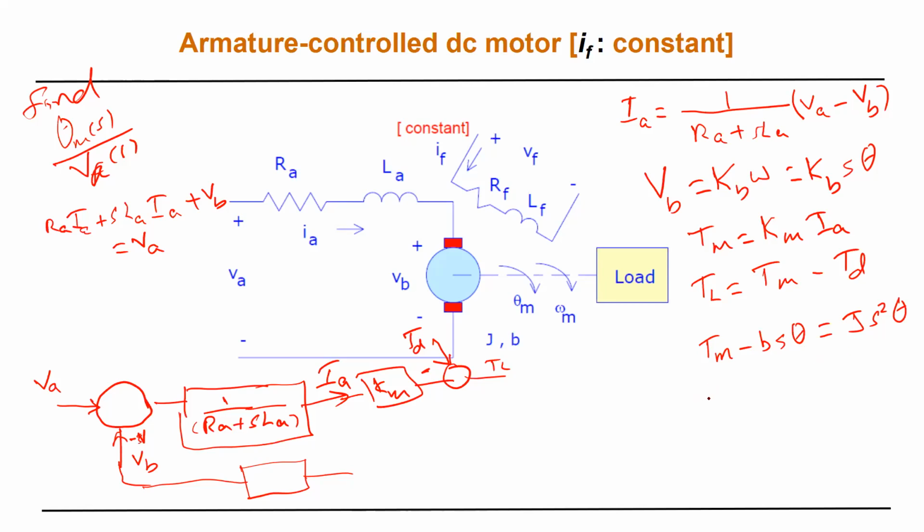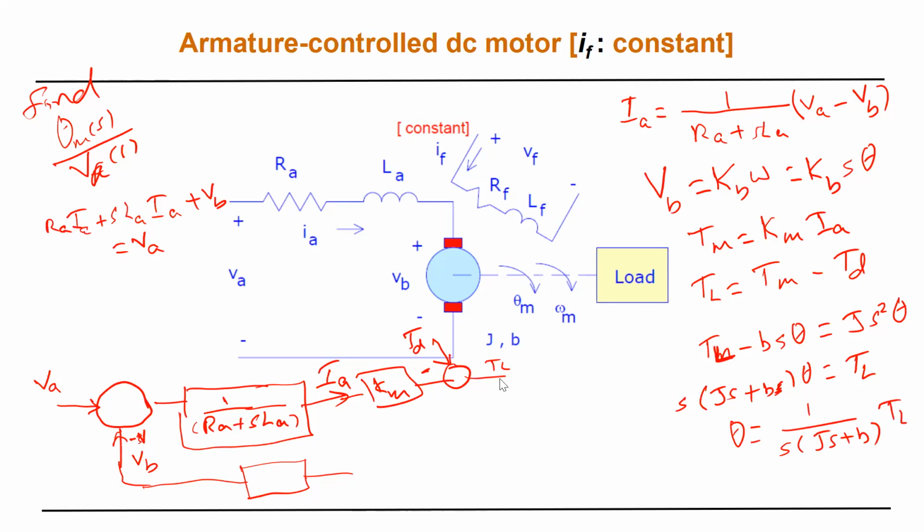I will have S times JS plus B, theta equal to TL, or theta equal to 1 over S(JS plus B) times TL.